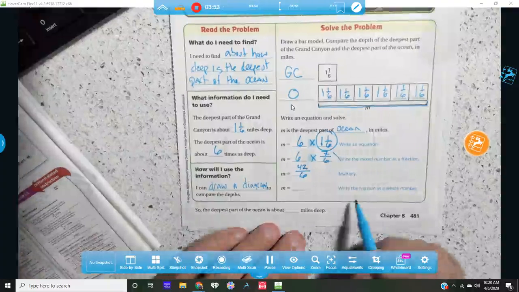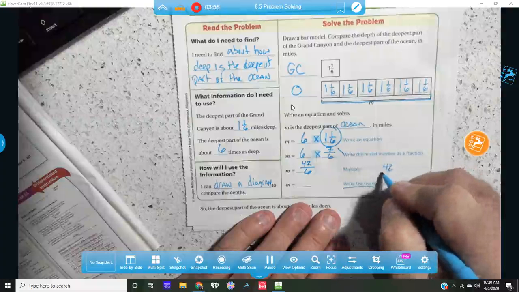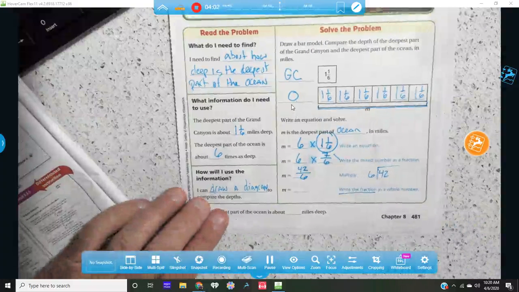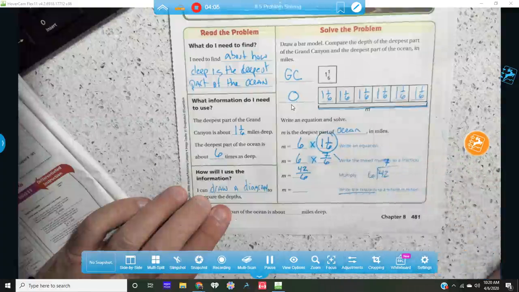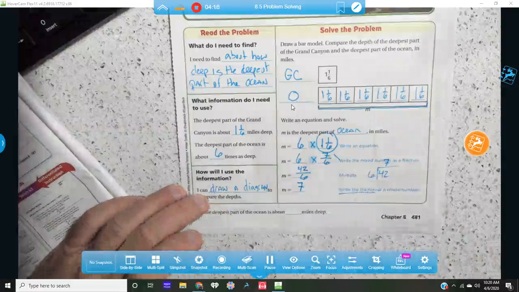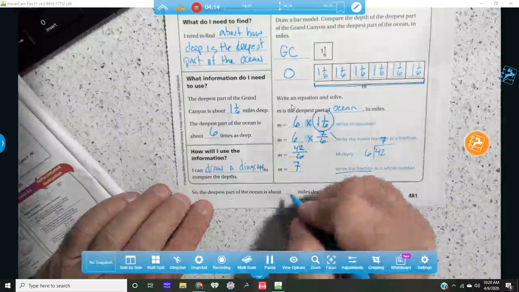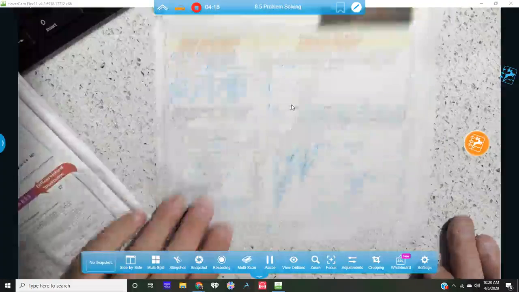Now, it says to write the fraction as a whole number. 42 divided by 6. Well, we should know that 7 times 6 is 42. So our answer is 7 miles. So the deepest part of the ocean is 7 miles deep.